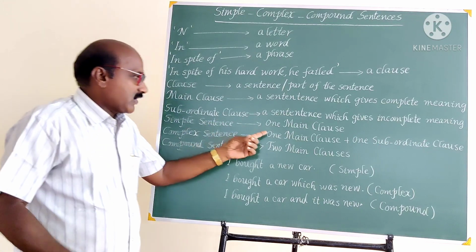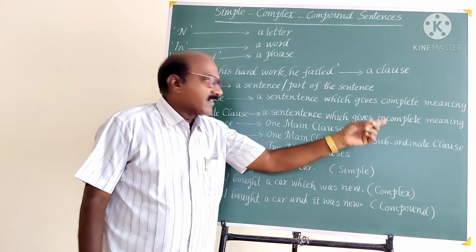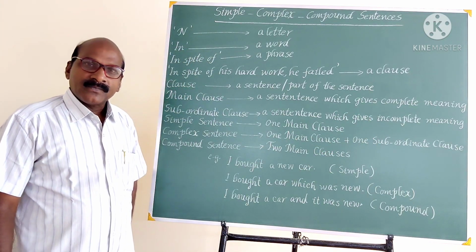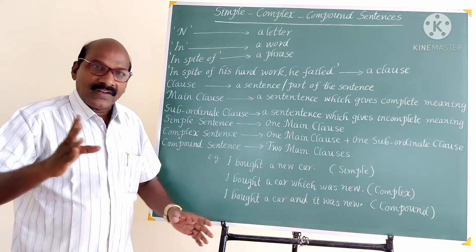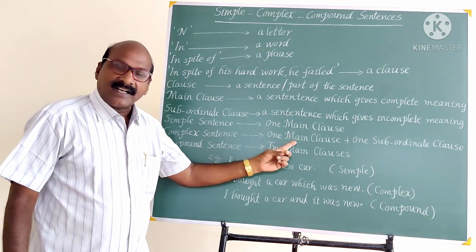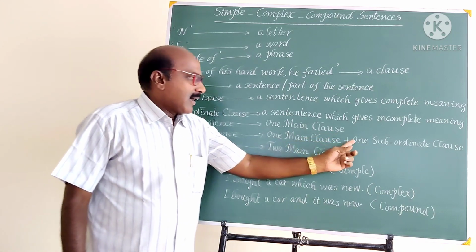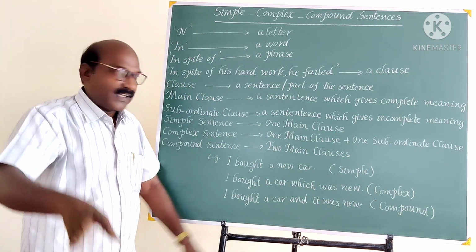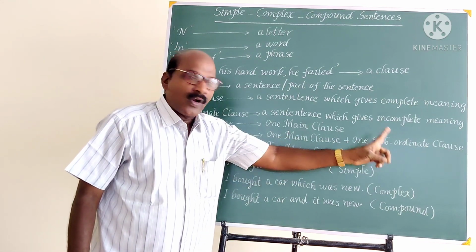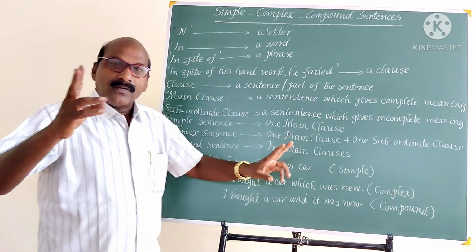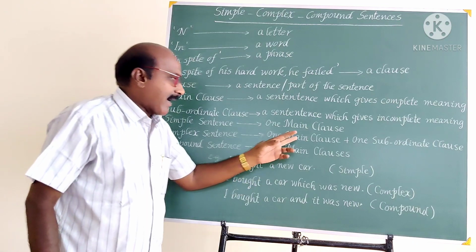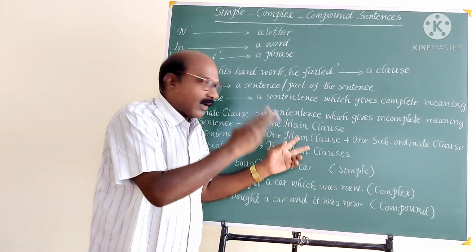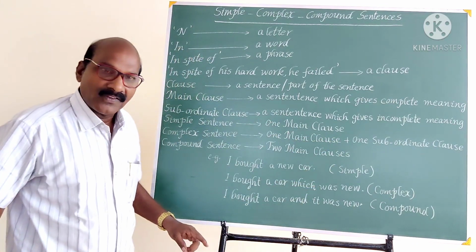A sentence which has one main clause and one subordinate clause. Practically, a complex sentence contains one main clause and one or more subordinate clauses. But from the viewpoint of many competitive and academic exams, we just find one main clause and one subordinate clause.